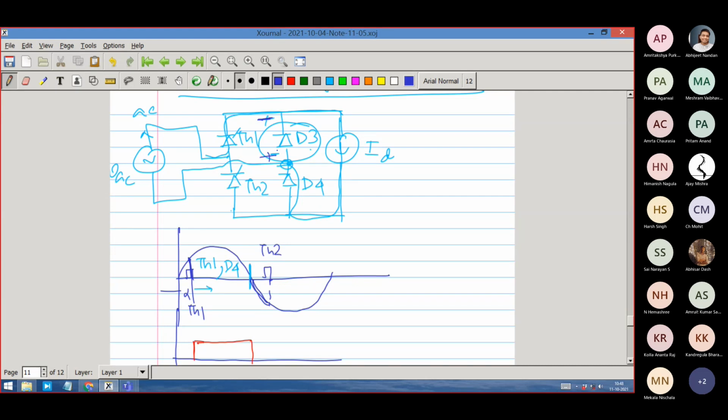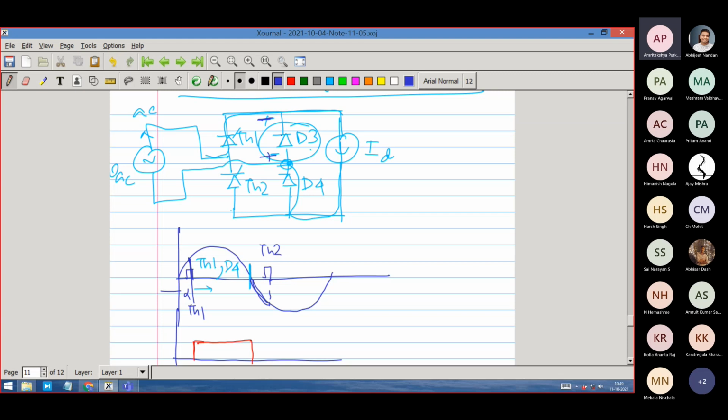And the moment D3 becomes forward biased, what is then likely to happen? D3 will be conducting, right? And if D3 conducts, then D4 won't.